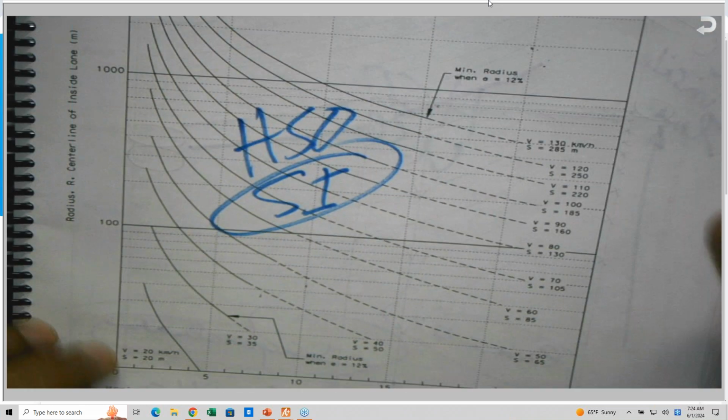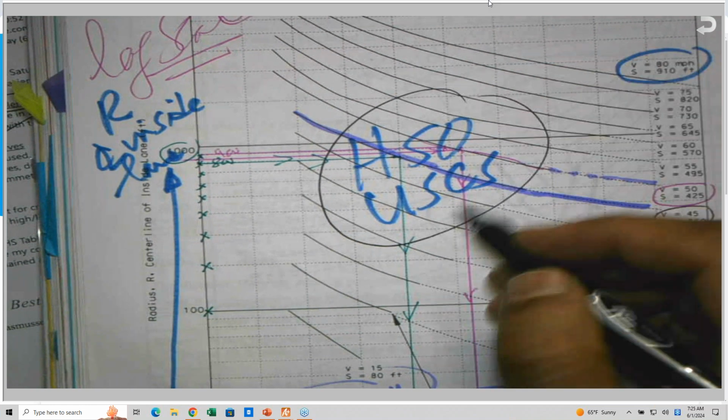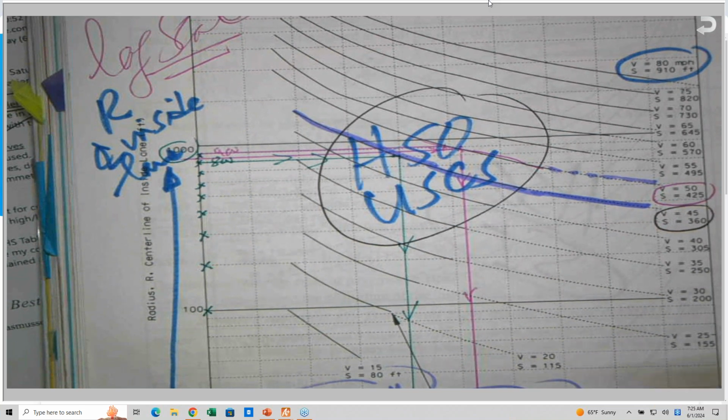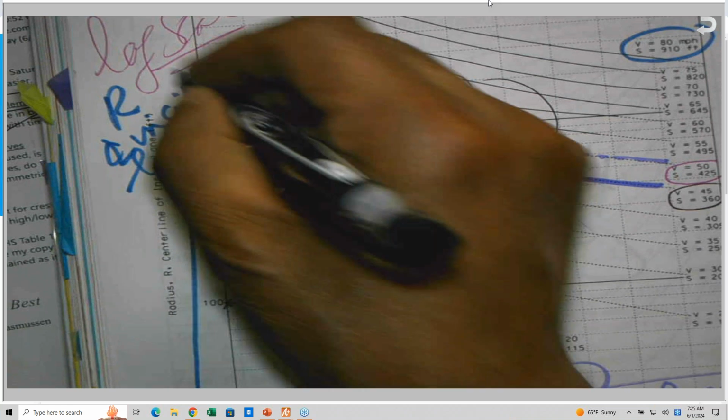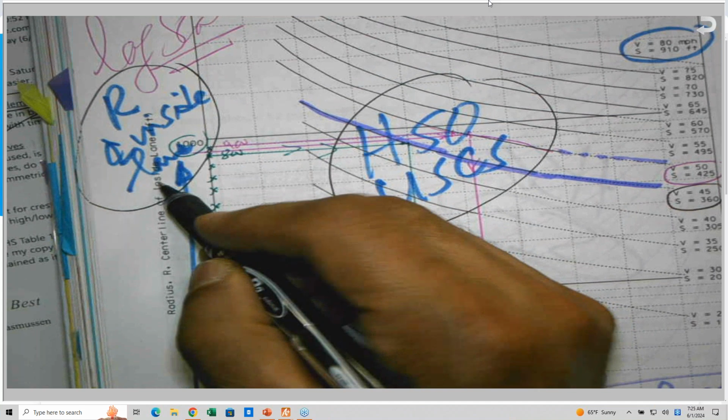We used the English, I believe, or the US customary. Be careful. This is the HSO. US customary means United States Customary System of Units, and this is R to the center line of the inside lane. I wrote it here in my book.